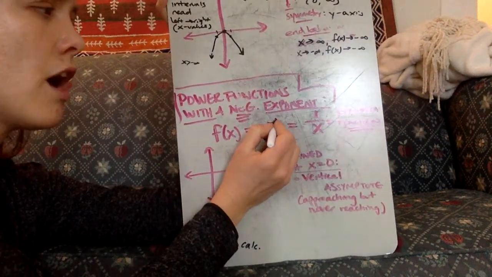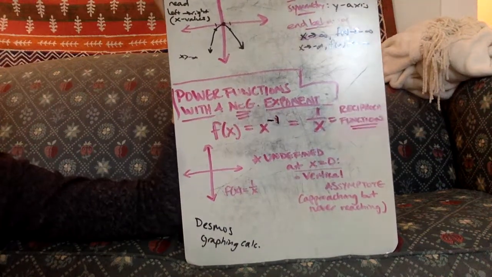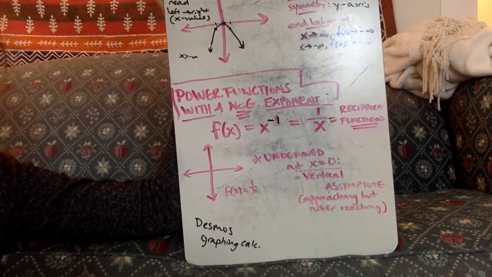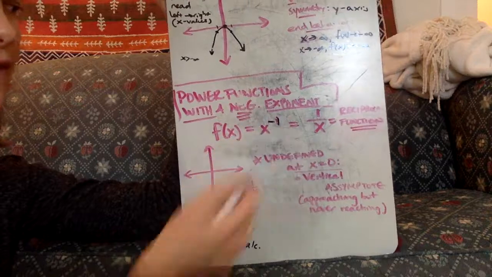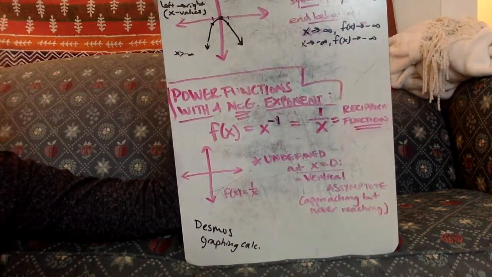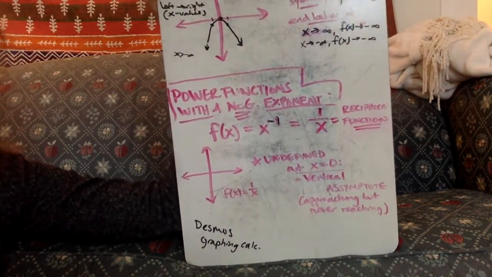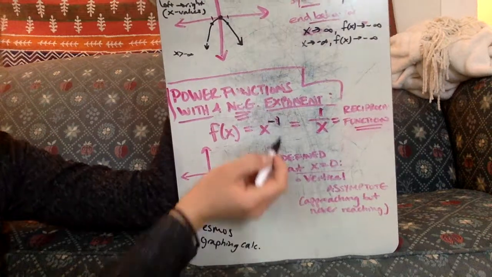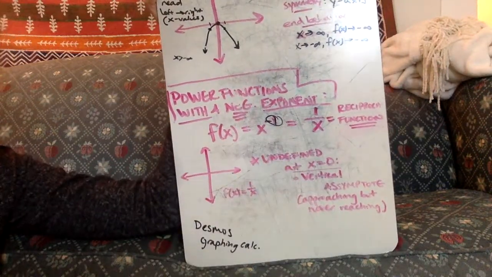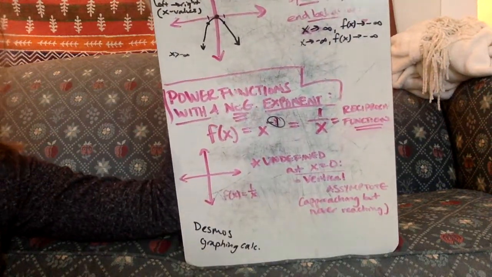So we already know our first power function with a negative exponent, f of x equals x to the -1. And remember, when I raise something to a negative exponent, it's the same as taking the reciprocal.